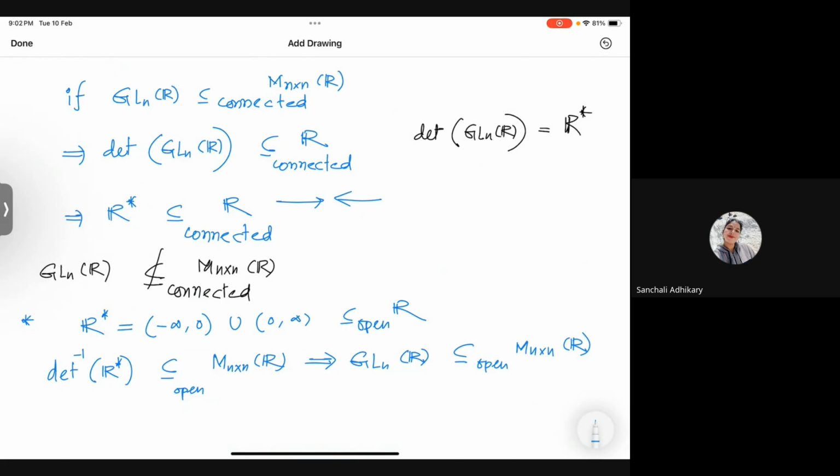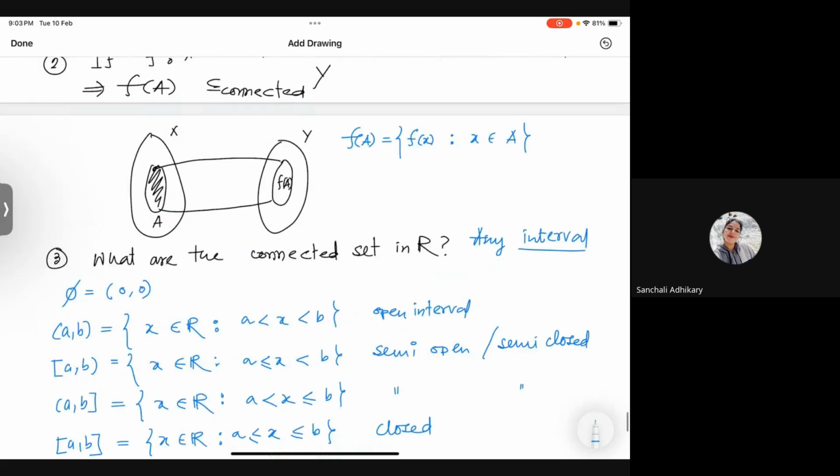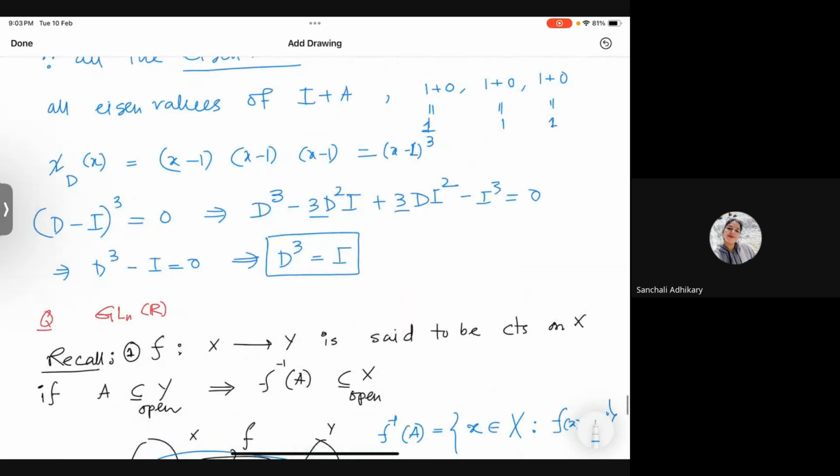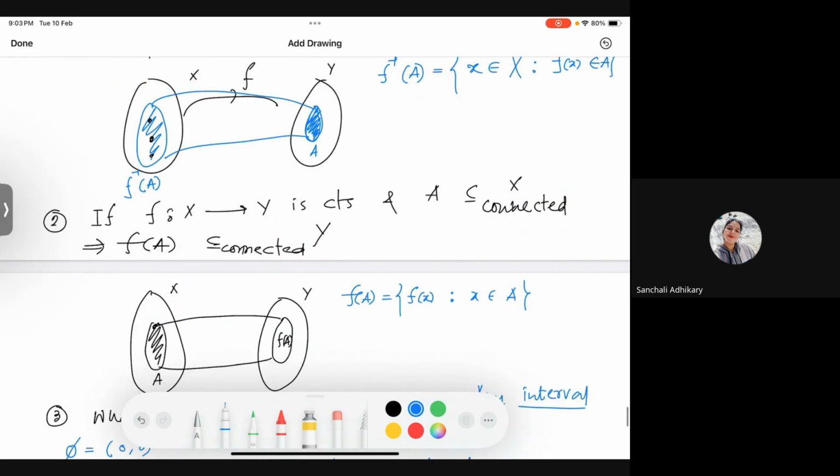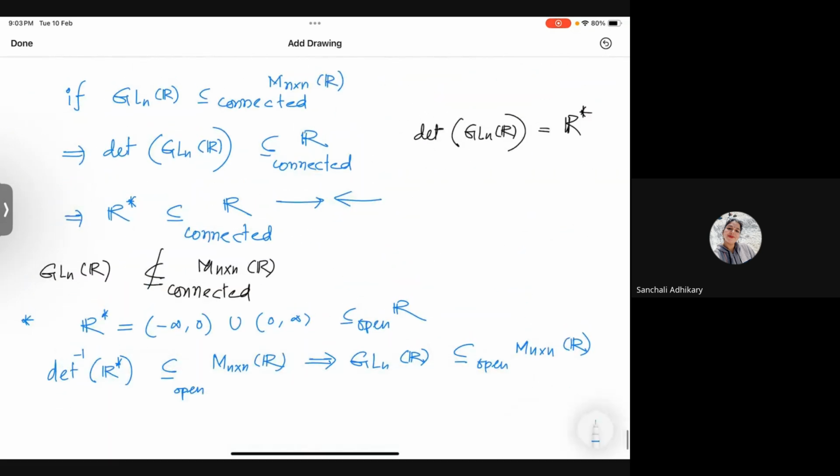Okay, I already gave lots of hints. The other parts are an exercise for compactness. For compactness, think of M n by n over R as R to the n square, because there are n square elements. This is some hint.